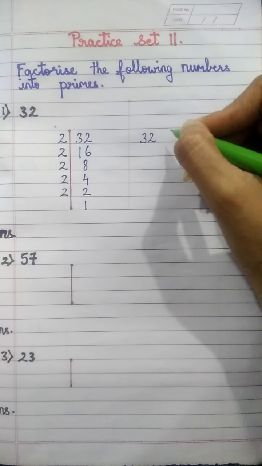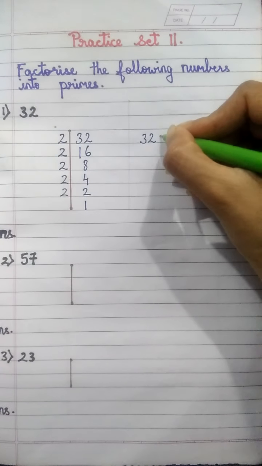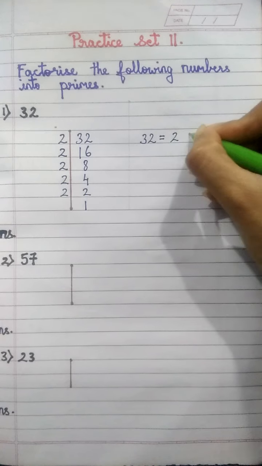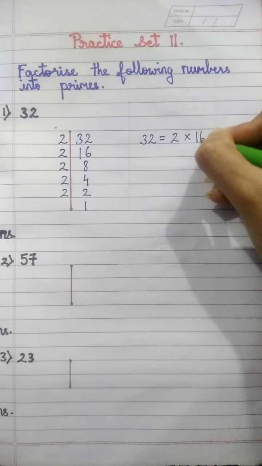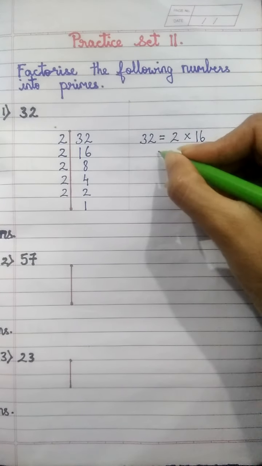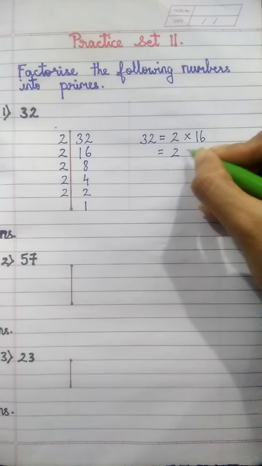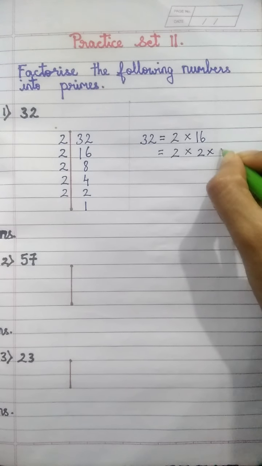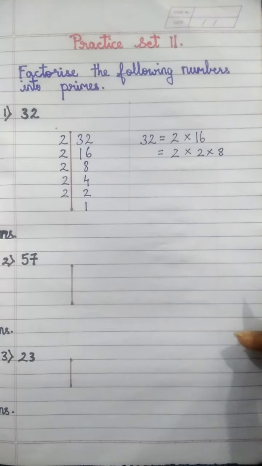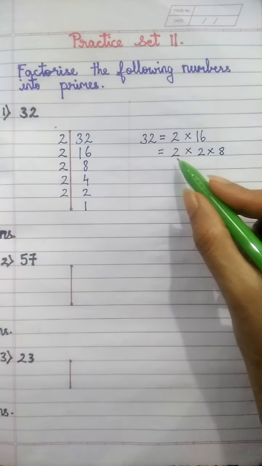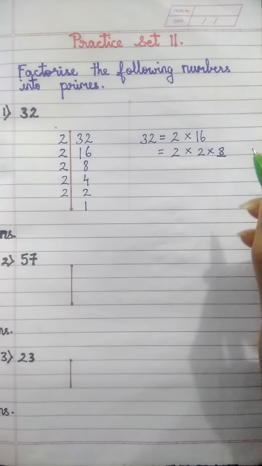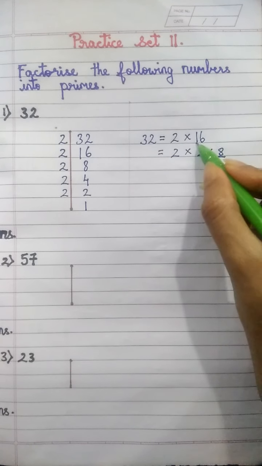by the other method, this is the vertical method, by the horizontal method, then how do you do it? 2 into 16 is 32, we know that. Now keep this 2 as it is and factorize 16. 2 into 8 is 16. Now keep this as it is, factorize the number 8. Here we factorized 16.